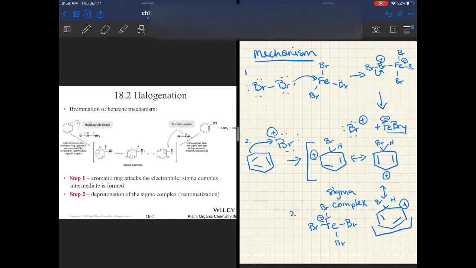The iron is super happy to let go of this bromine. So the electrons holding the bromine to the iron pick up that hydrogen. Then those electrons flow back into the ring to regain aromaticity. And in that final step, we have made bromobenzene.